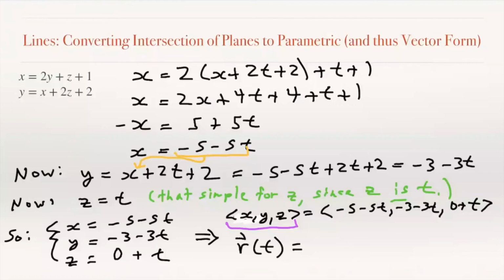And expressing this as a vector sum, we can pull out the constants. That's -5, comma, -3, comma, 0, plus -5, comma, -3, comma, 1, t.